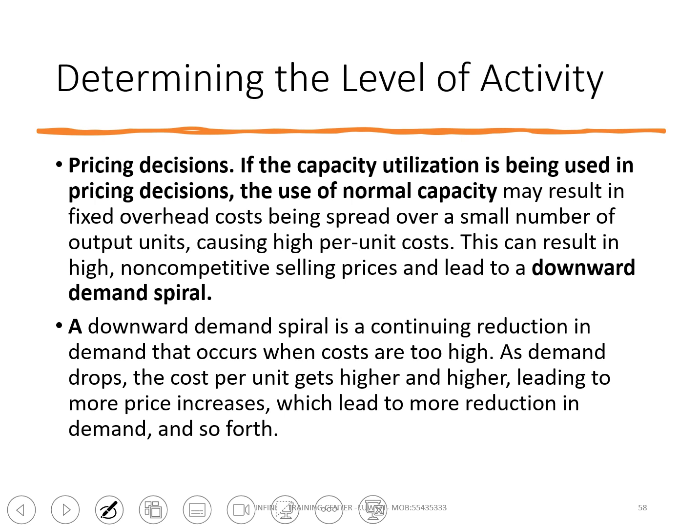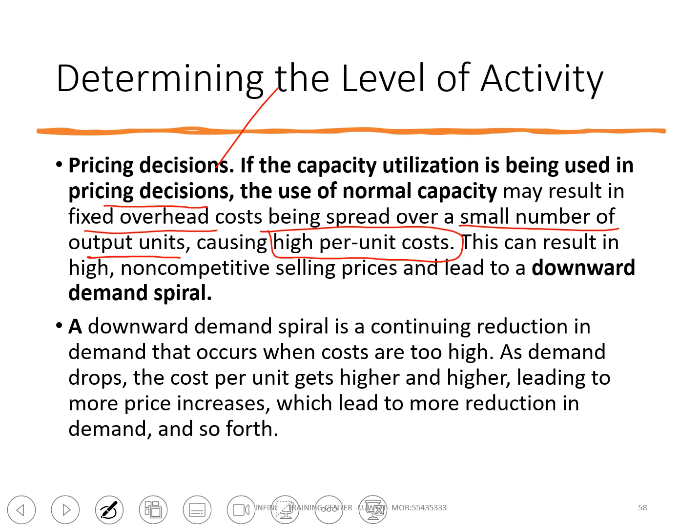Now this is again discussing the capacity utilization. So we are talking about pricing decision here. If the capacity utilization is being used in pricing decision, the use of normal capacity may result in fixed overhead cost being spread over a small number of output units, causing high per unit cost. So we said this, when we use normal capacity, cost per unit will be increasing.